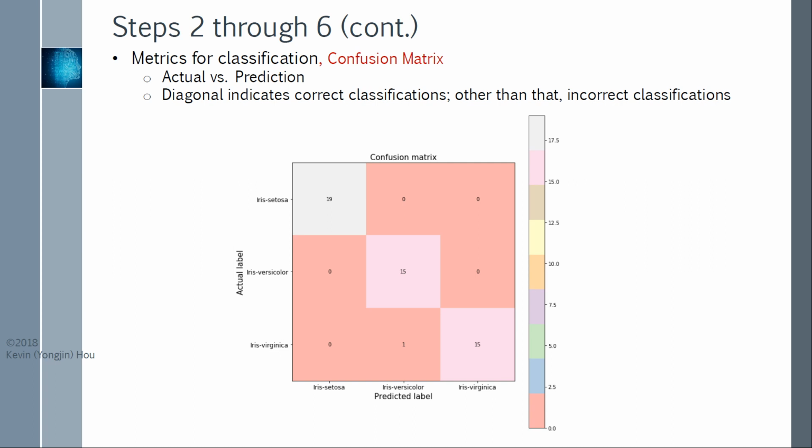It's a pretty good outcome with a very simple KNN algorithm we have achieved. All right, so far we have walked through the examples and how that works with the KNN algorithm.